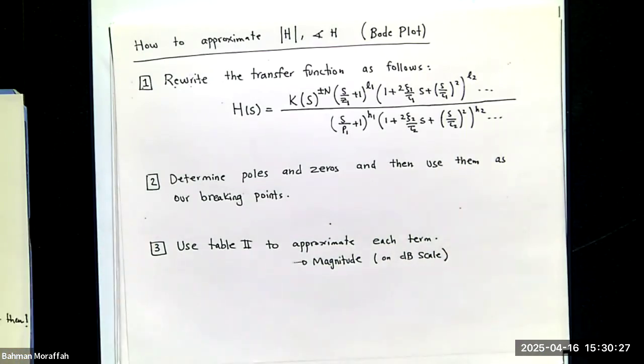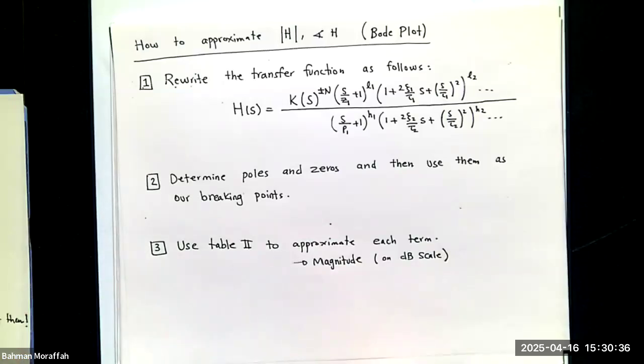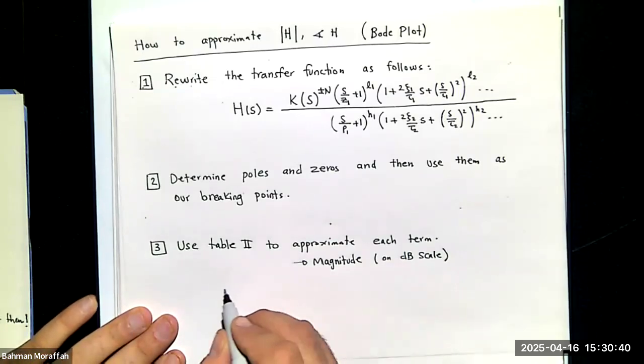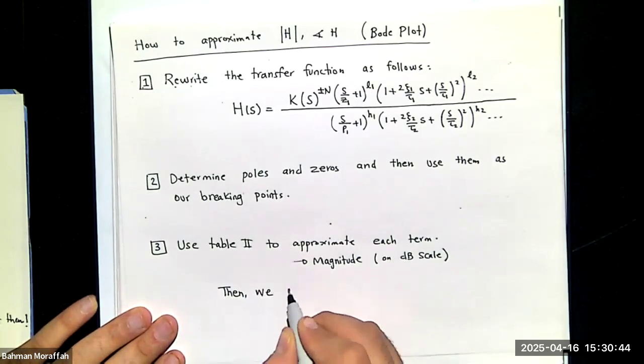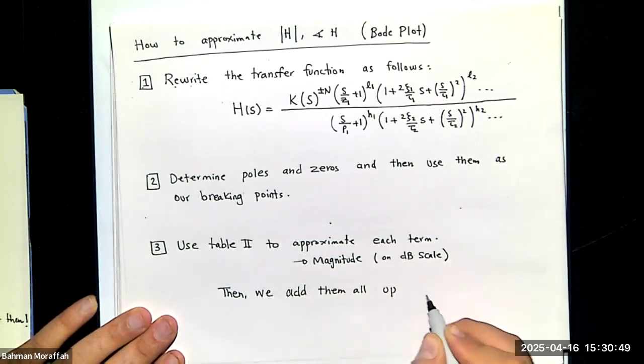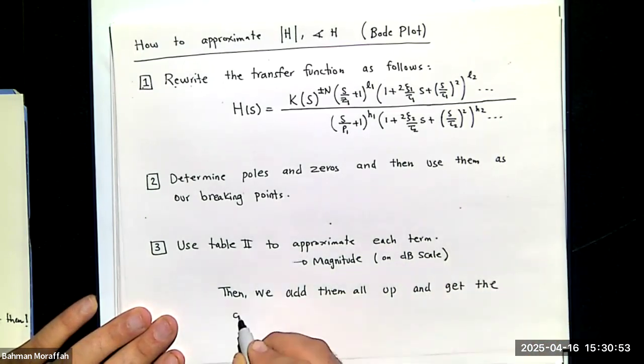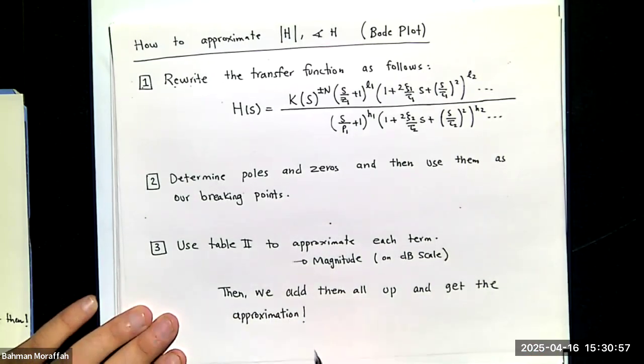And then I can simply just plot the base, right? As soon as I have the plot for each term, I can add them all up and get the approximation. Right?